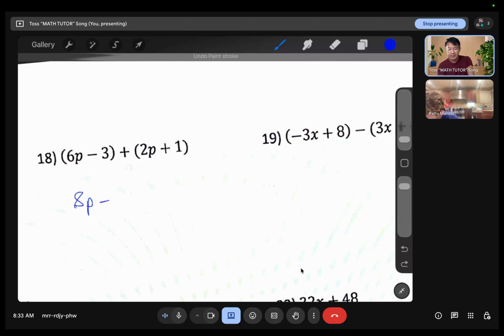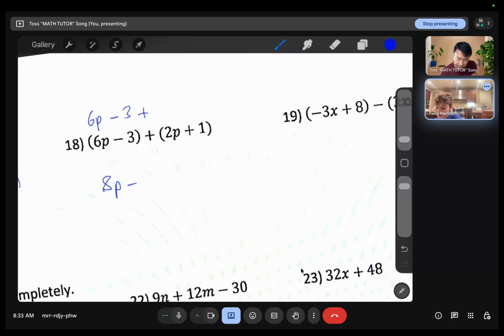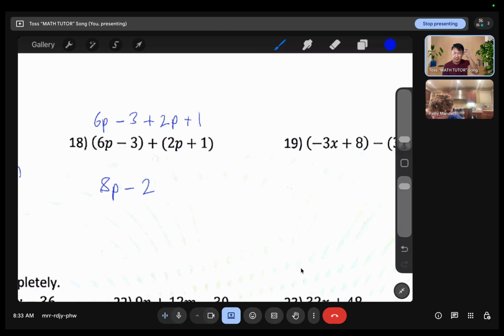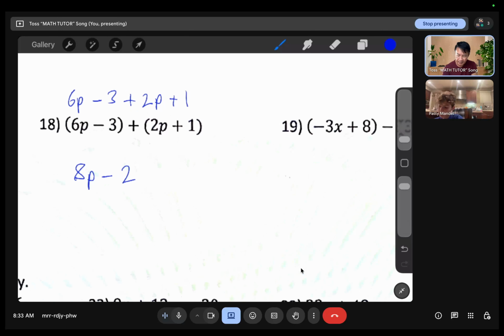What about if I were to rewrite it without the parentheses? I'll even put it right up here. 8p minus 2. Yes. Sometimes it's cleaner looking at it without the parentheses.